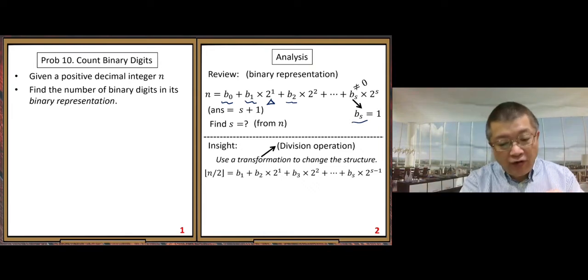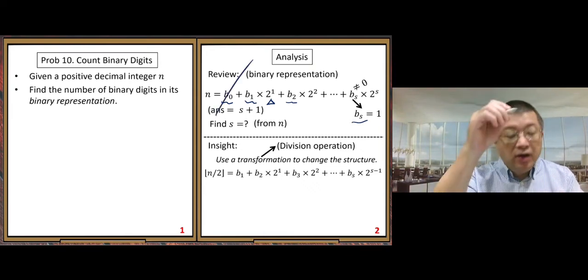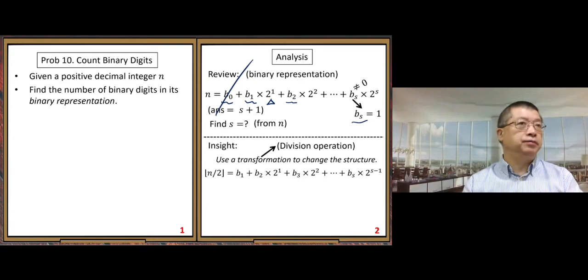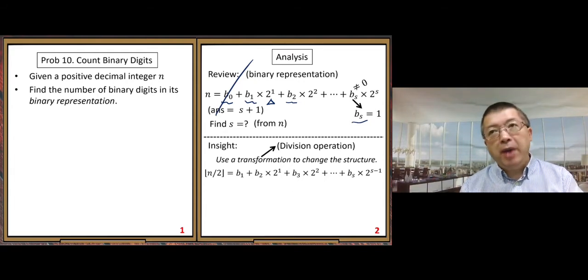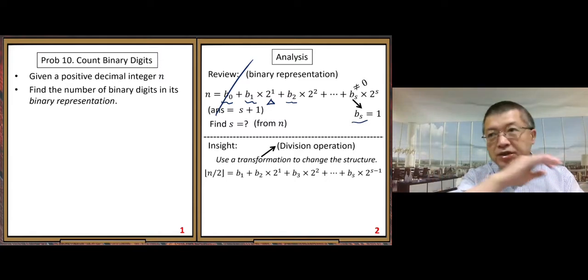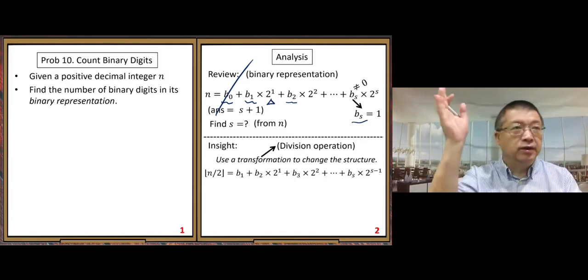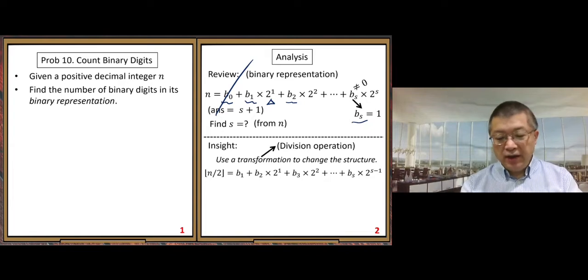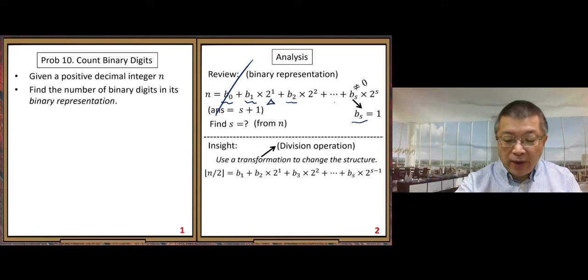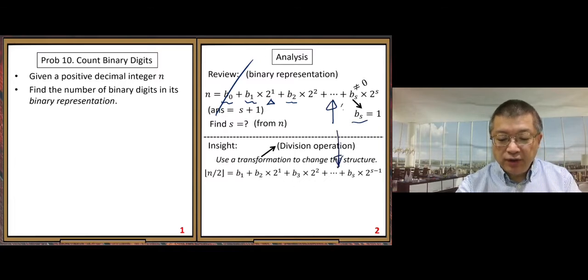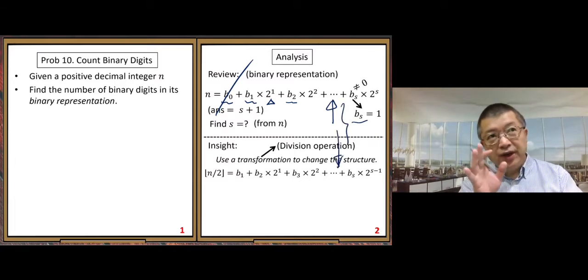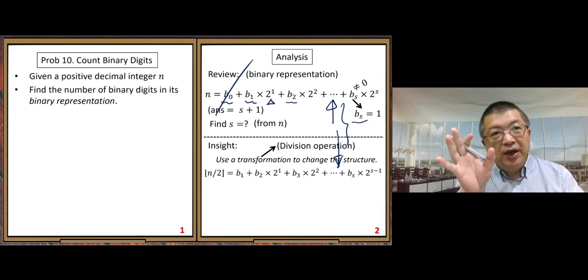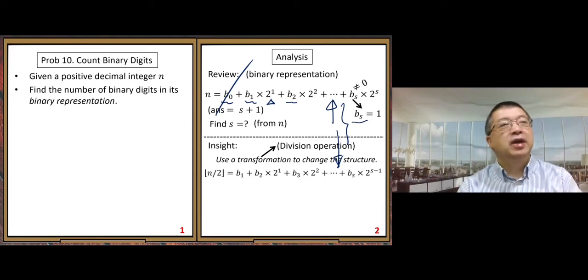After we take the floor function, you can see the b0 part is gone. No matter whether it is 0 or 1, b0 is completely gone. Now, if you compare these two representations, you can get a simple recurrence relation.